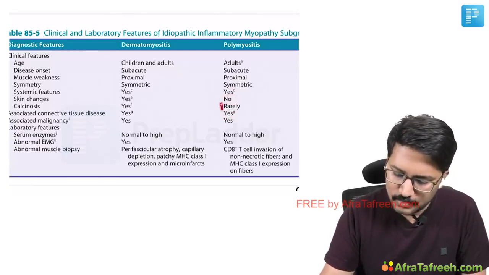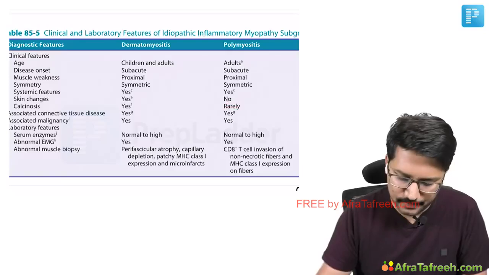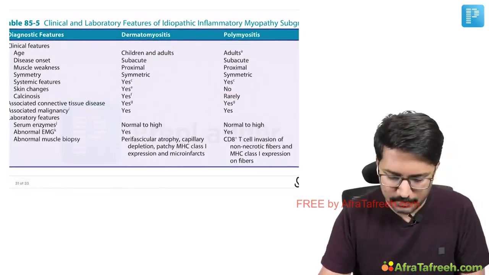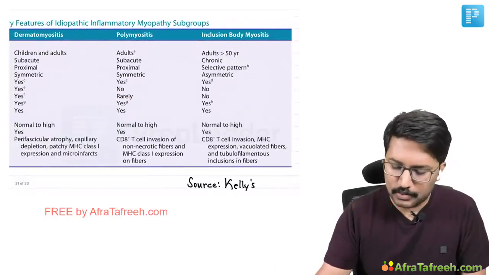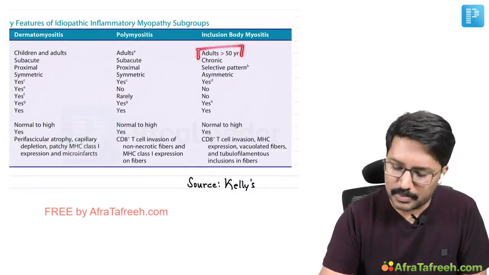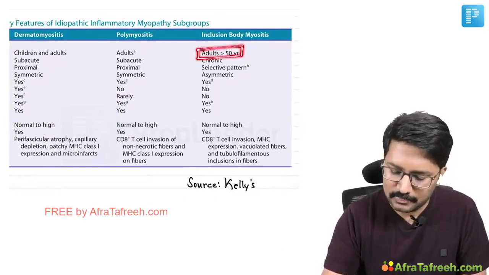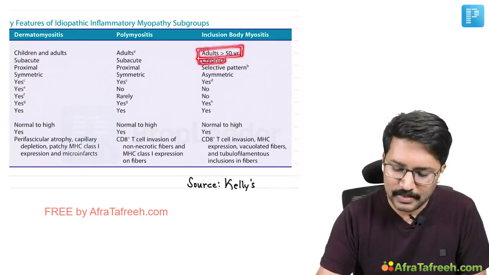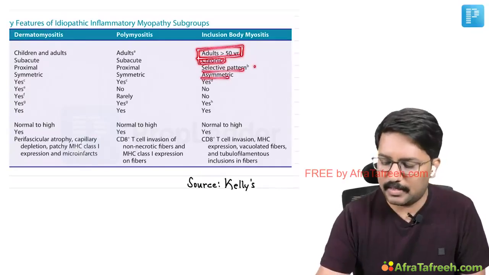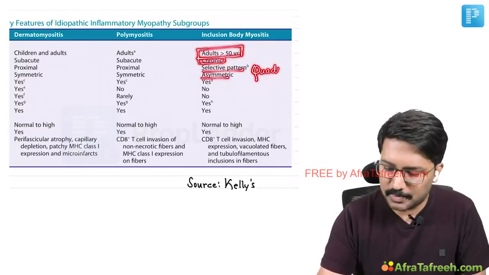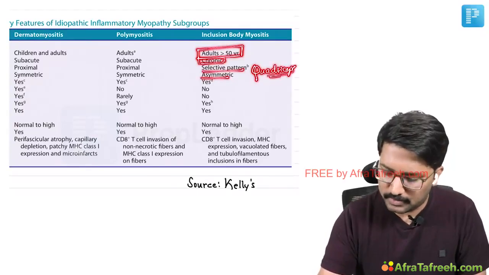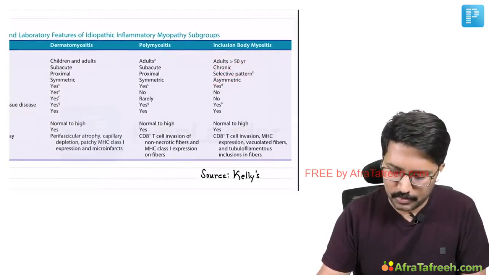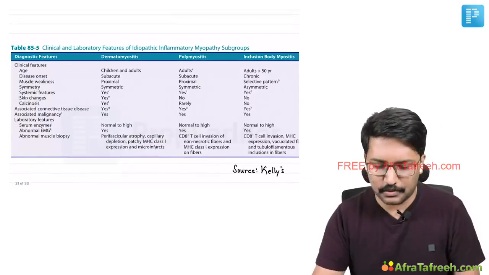Calcinosis, very, very rarely. Biopsy findings we have already discussed. Now coming to inclusion body myositis, adults 50 plus. I repeatedly keep telling this, adults 50 plus, it is a chronic disorder. Selective pattern asymmetry mainly affecting the quadriceps, patients presenting with frequent falls, right? Okay, so that summarizes all the points we need to know.